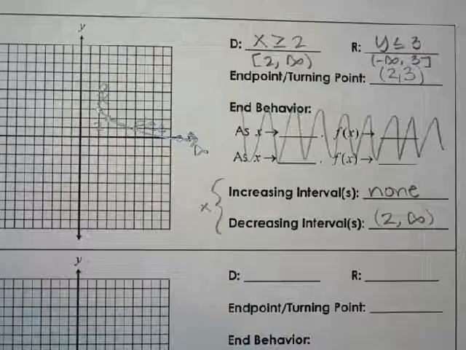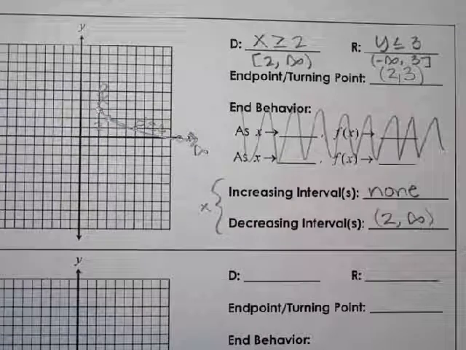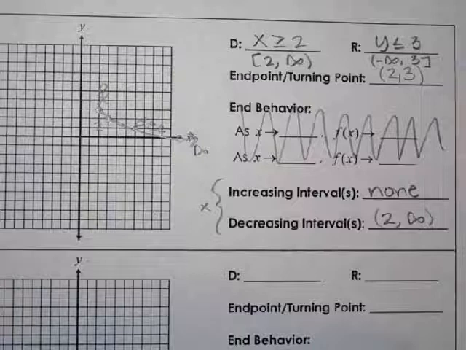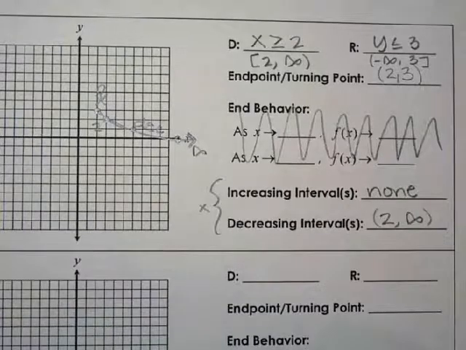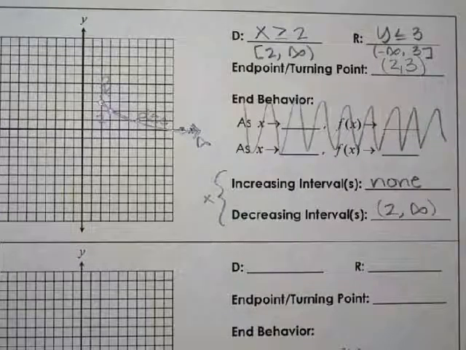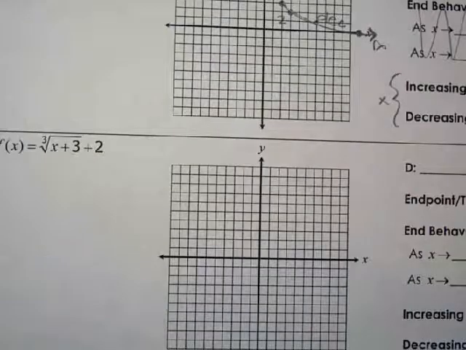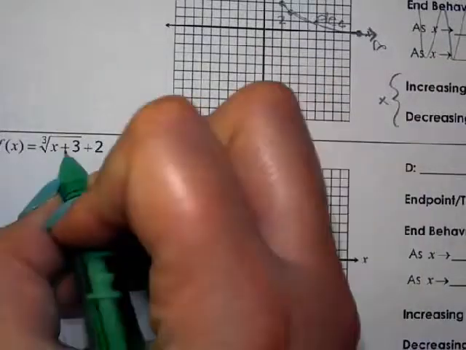Okay. Now the next one is going to change everything because it's going to be a cube root. So what is our turning point? -3, 2. So that's what we're looking for on our table this time.